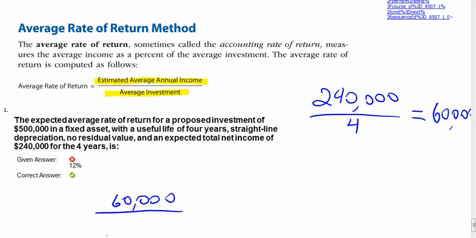The average investment is the investment at the beginning and the investment at the ending of the project. My beginning investment is $500,000, sorry.